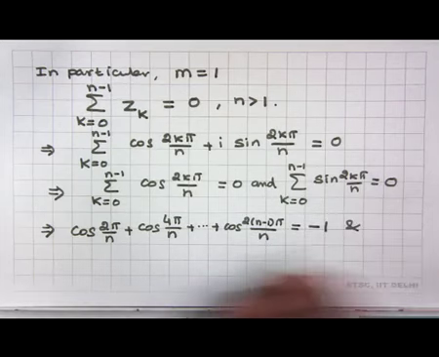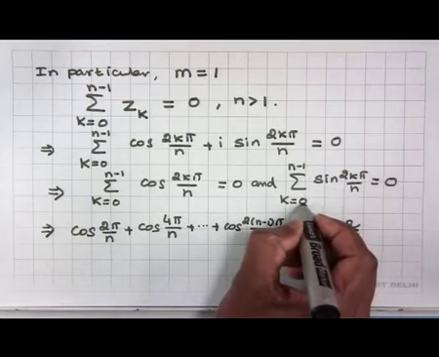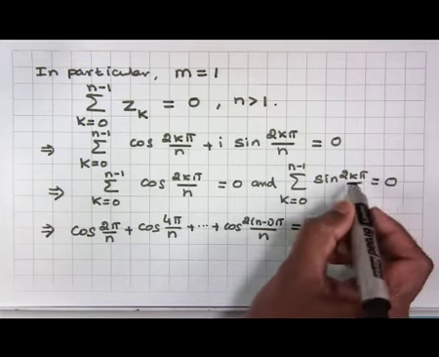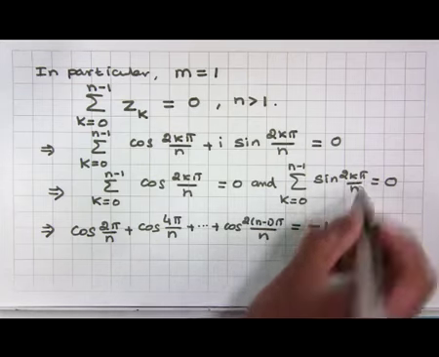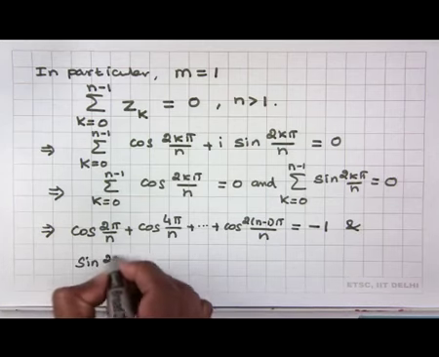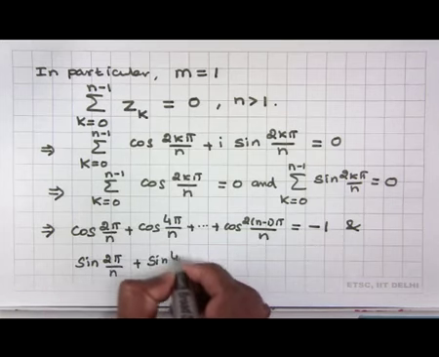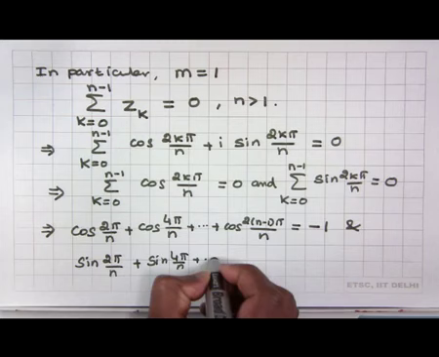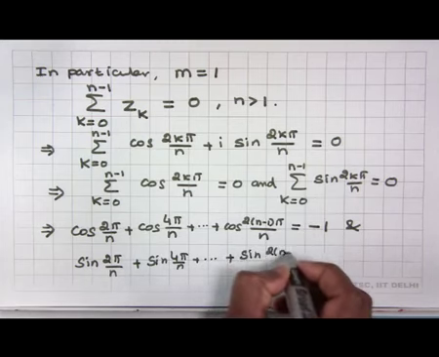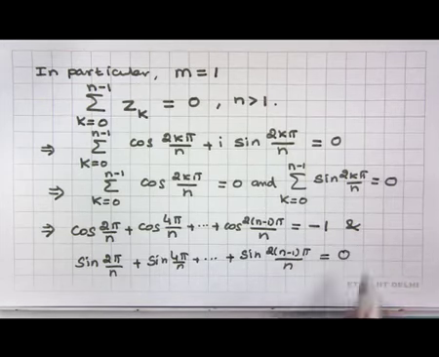And we get another trigonometric identity with substituting k values. For k equal to 0, the first term is 0, and the remaining terms are sin 2 pi by n, sin 4 pi by n, and the last term sin 2(n minus 1) pi by n, and the value is 0.